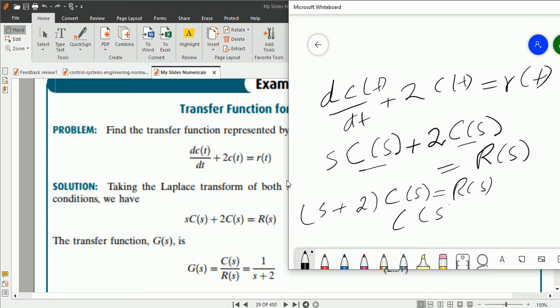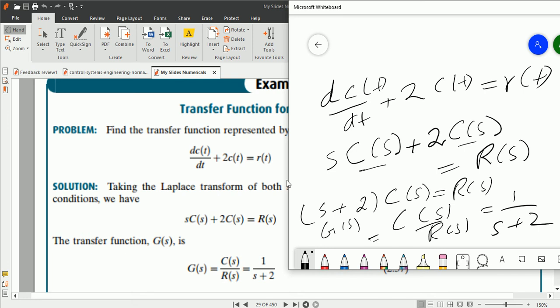So C of s over R of s is equal to 1 over s plus 2. Cross multiply, you make it the denominator here. So you get this transfer function G of s is equal to 1 over s plus 2.